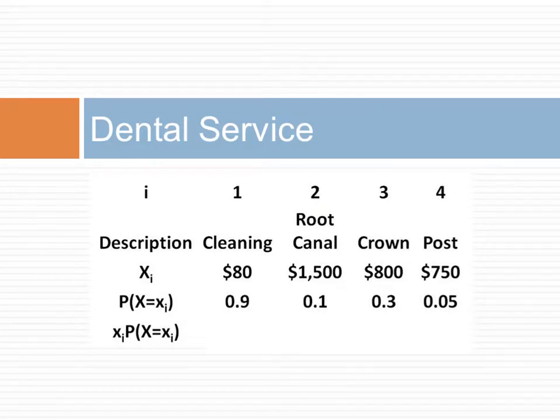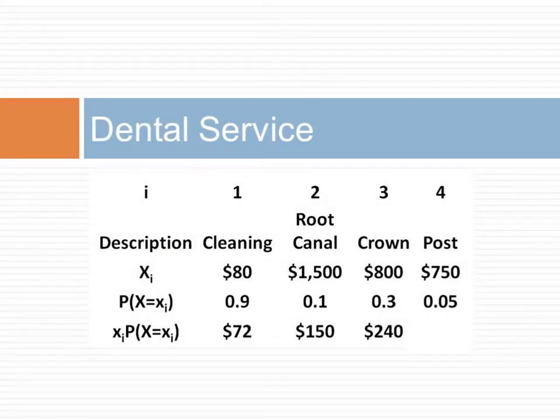The expected value can be calculated by summing the product of the value of the event times its probability. The expected contribution of cleaning is $72. Root canal contributes $150 to the cost of an average patient.